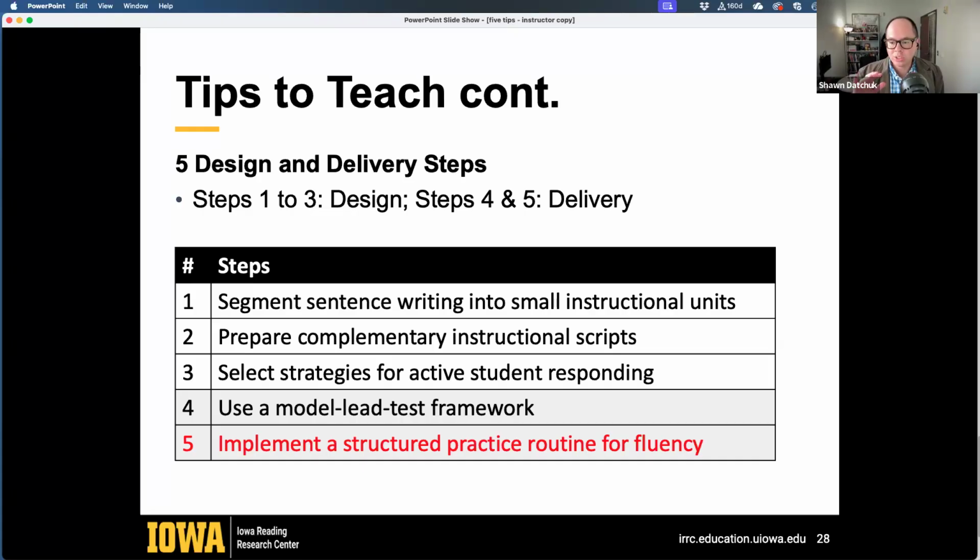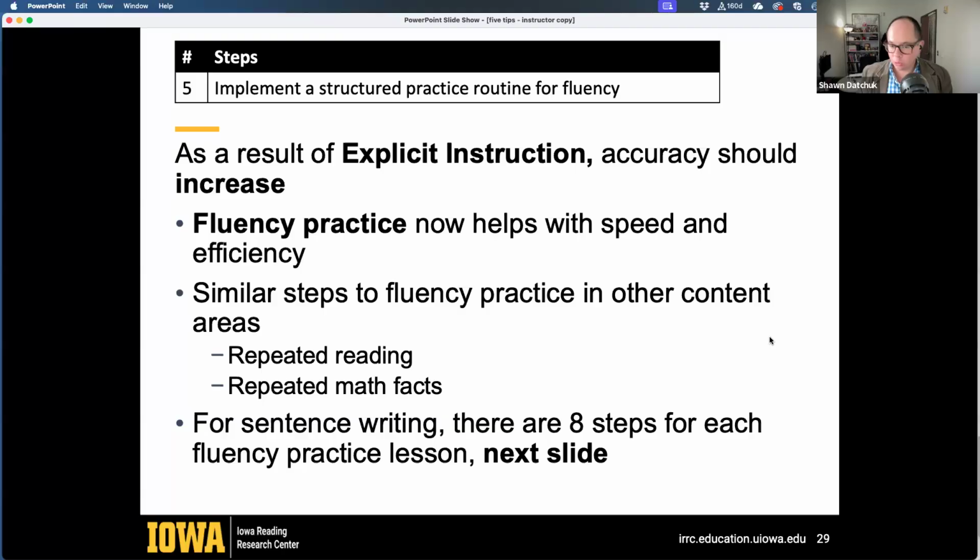We want students to acquire those important skills, but now shift to what are the ideas, what are different things I'm trying to express here. And as a result of explicit instruction, hopefully you see students have some sort of accuracy increase. Now with fluency practice, they're going to take the next step, and it borrows a similar structure if you've ever done a repeated reading or repeated math timings, let's say, with math facts.